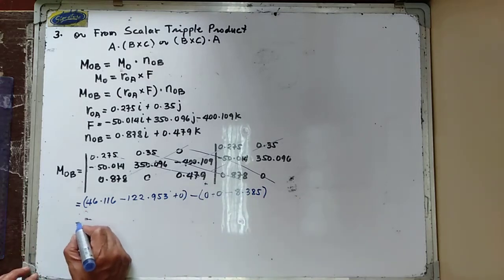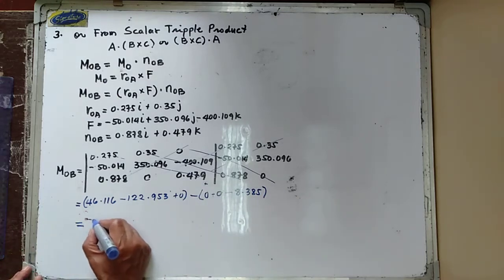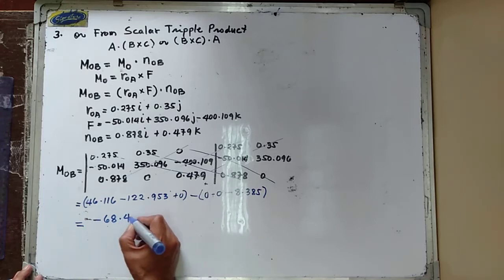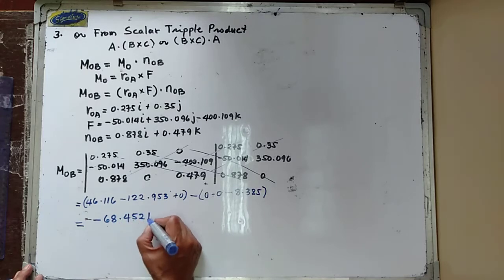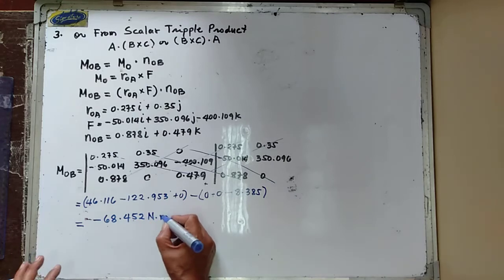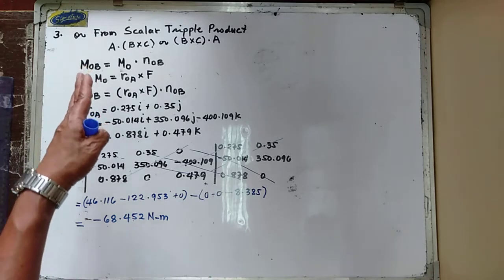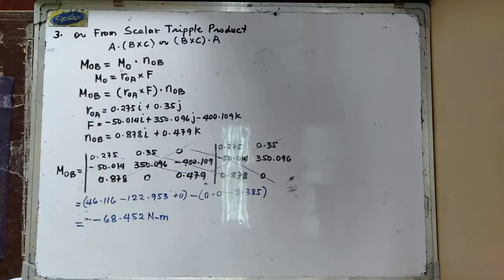And this is therefore equal to negative 68.452 Newton meter. So that is the moment about line OB, that is using your scalar triple product.